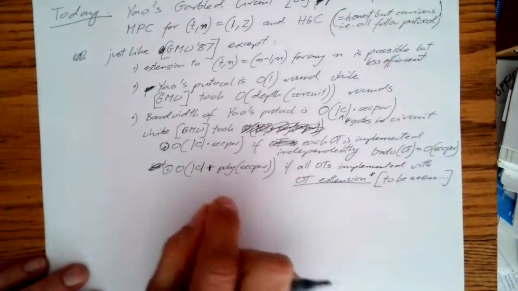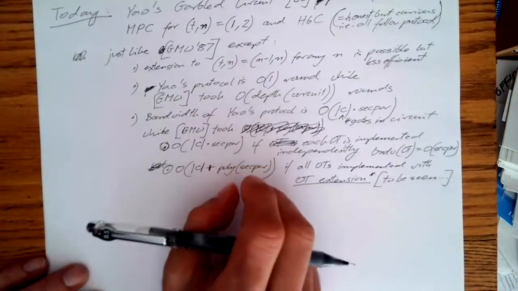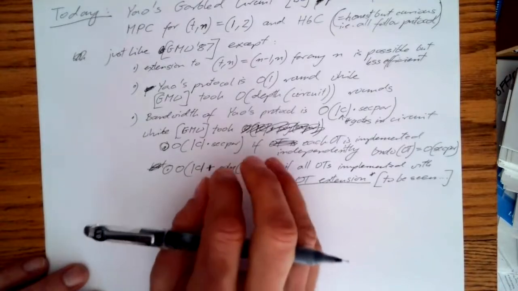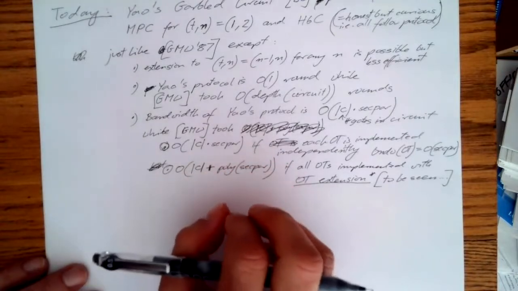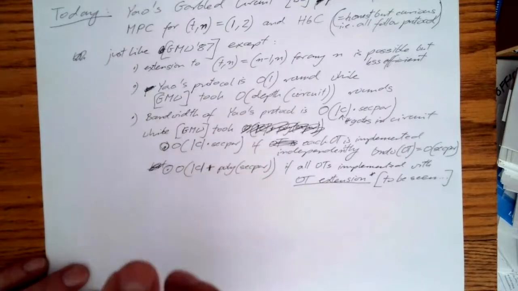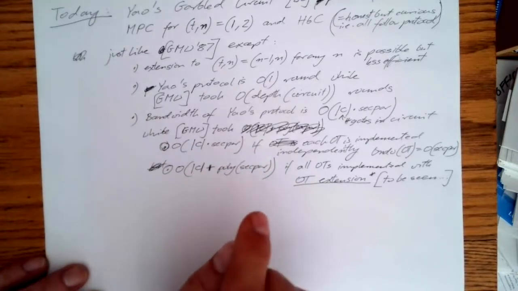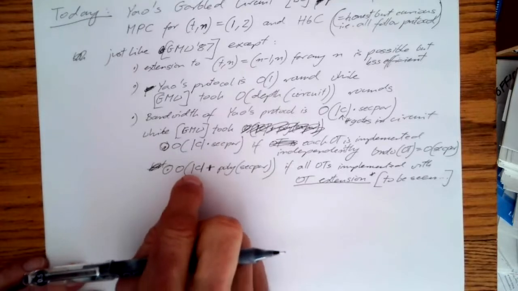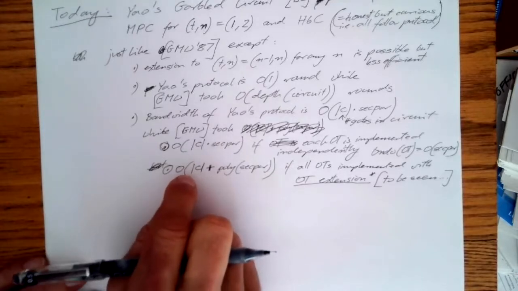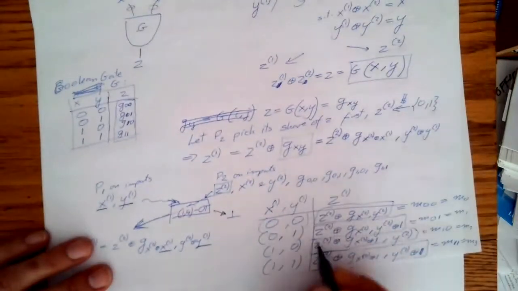You pay some price related to the security parameter to initialize, but after that you can perform OTs at the cost of just symmetric crypto, and also at a bandwidth that is related to how big the messages are that you're transferring.